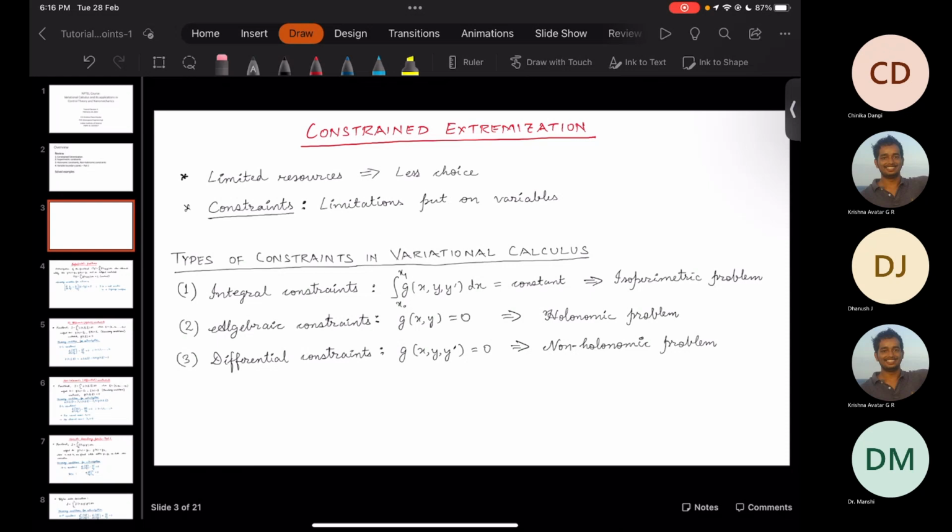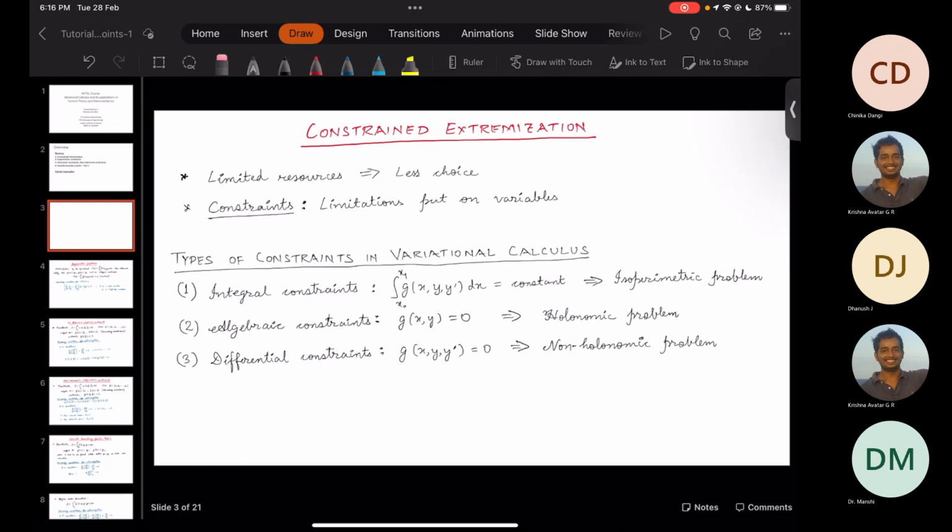Mathematically, we model such limitations in terms of constraints, via putting limitations in terms of both dependent and independent variables.